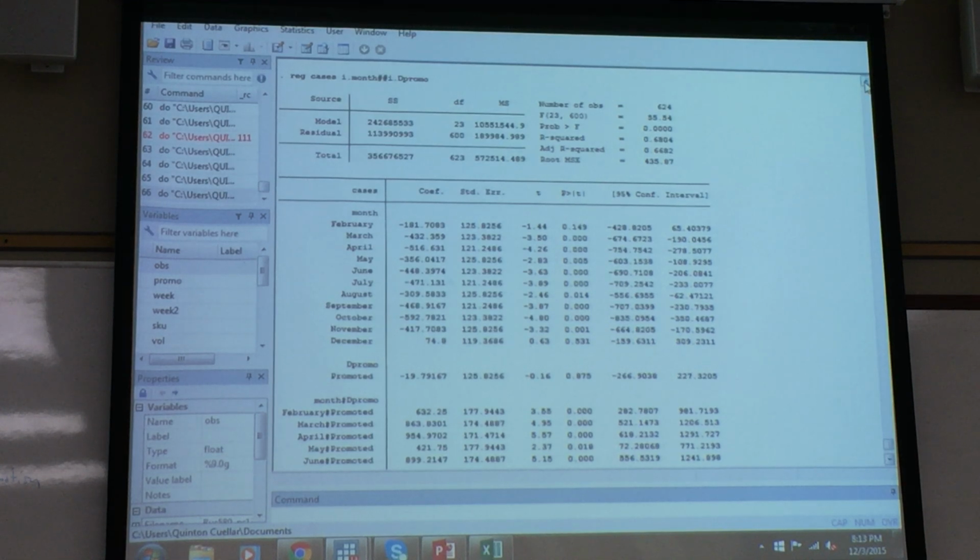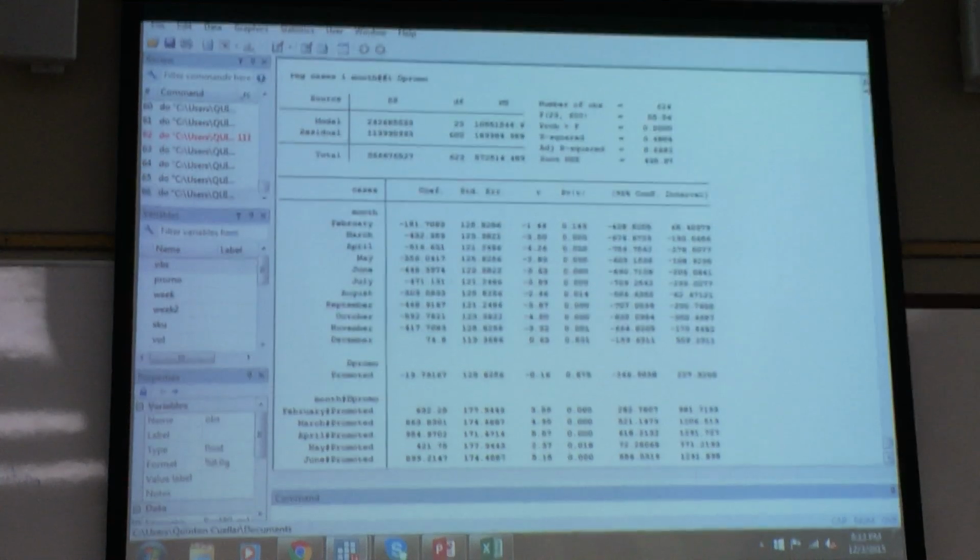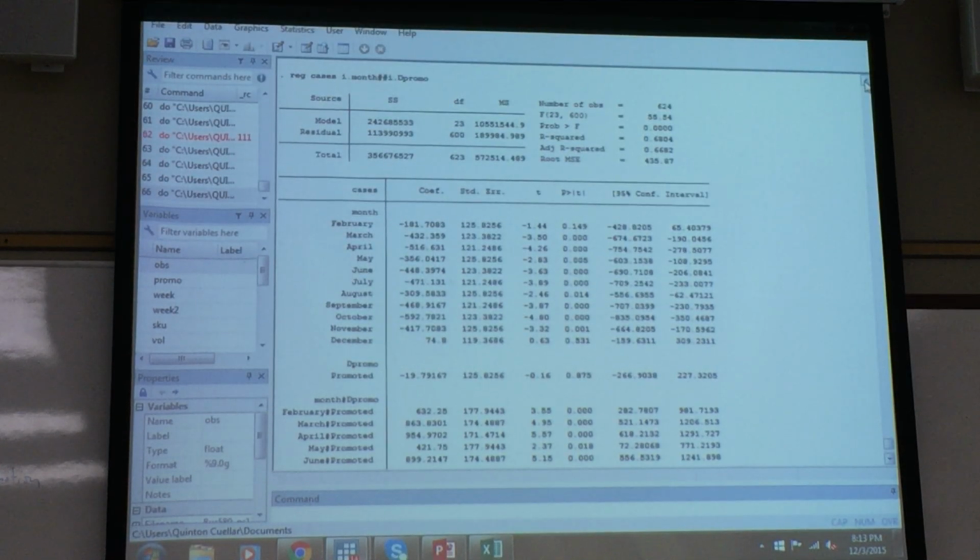And what that does is create dummies and interactions of all the variables, which is a lot quicker than having to do it by hand. So is that telling you the month in the promo is that interaction, and the above is the one without promotion? Yeah, it does that and everything.